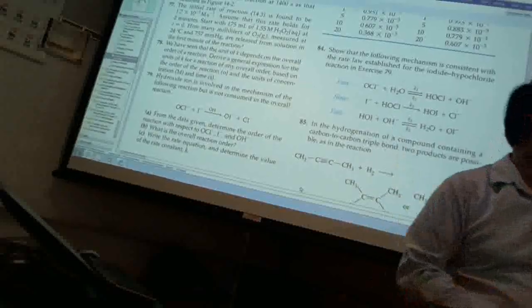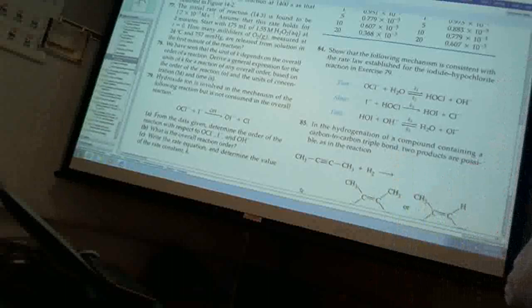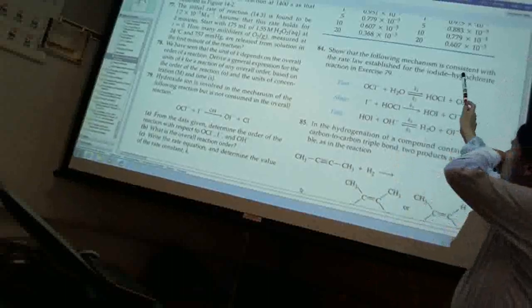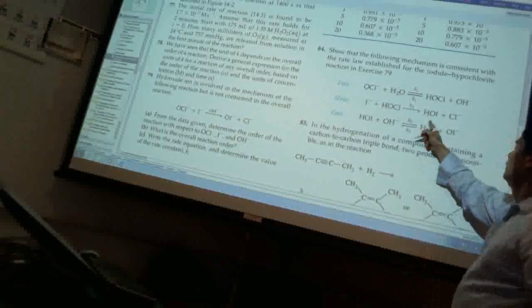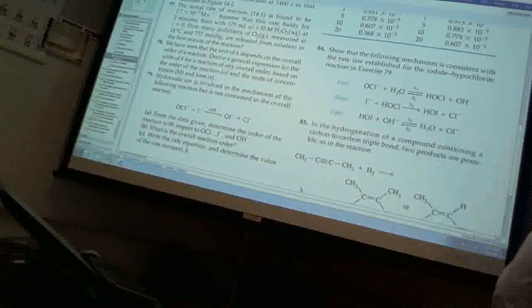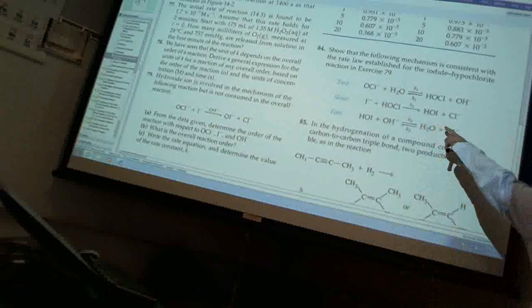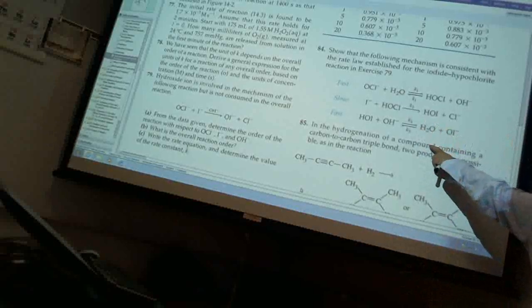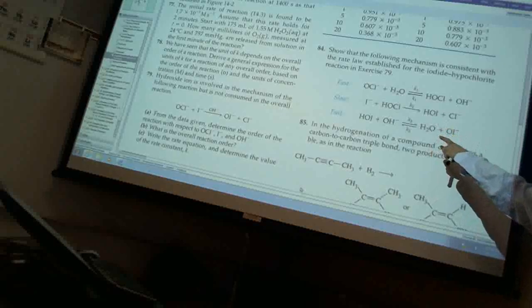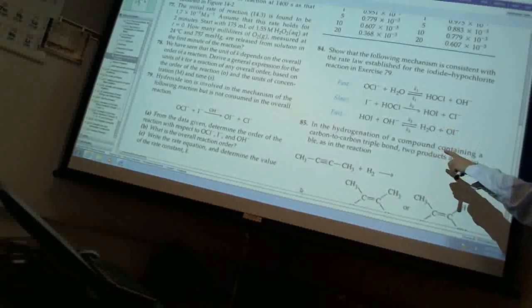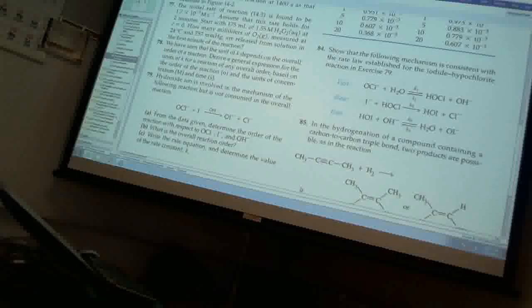And so what we're going to show is that this is consistent with this rate law. To show that it's consistent, the rate law we get from the mechanism has to match. The rate law we get from the mechanism is rate is equal to K2 times the iodide times the hypochlorous acid.